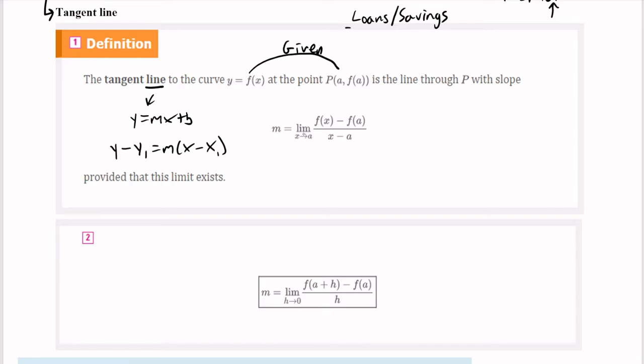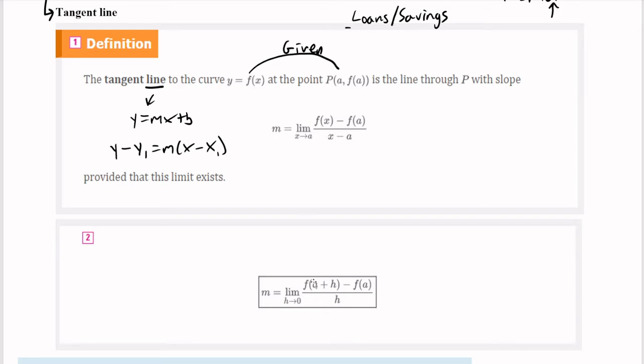I could think of this as like, okay, I'm going to be plugging numbers in that are closer to a. So like in this case it was f of 2 and then a was 1. So like, okay, 2 minus 1. And then it was 1.5 and 1, and then 1.1 and 1.